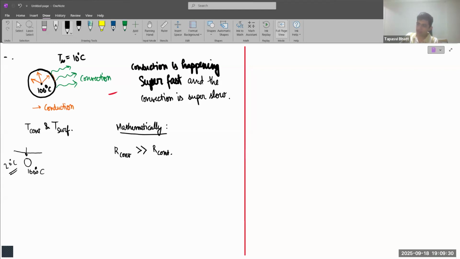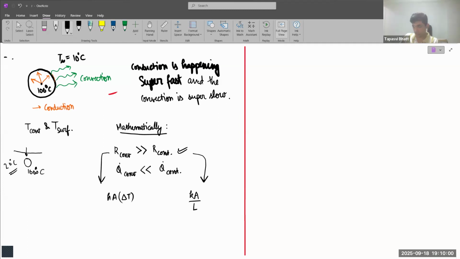Or in other way, we can say that the Q dot convection is much less compared to Q dot conduction. Using this equation, what is Q convection? It is hA delta T. And what is Q conduction? It is kA over L most likely, if not the reciprocal of it.